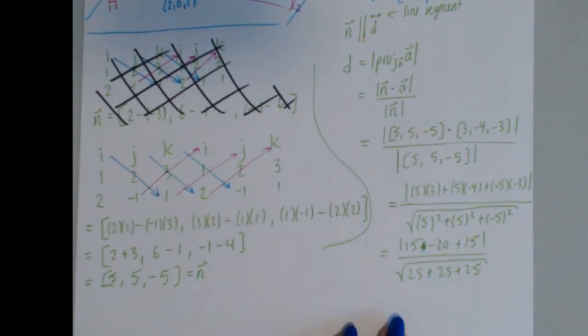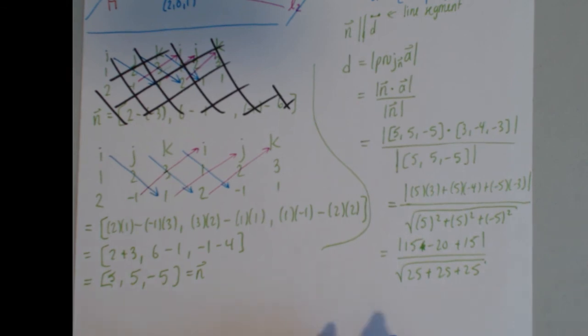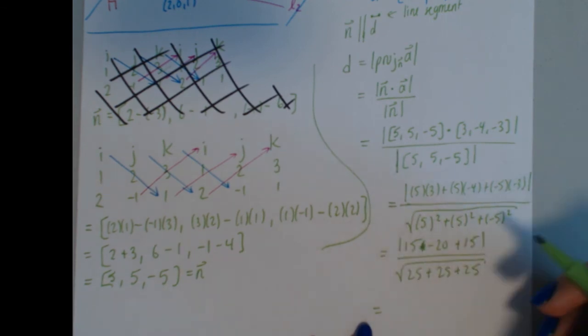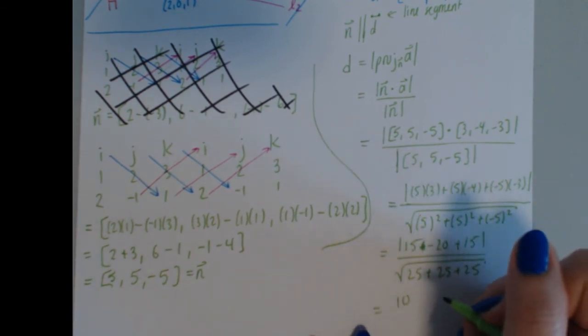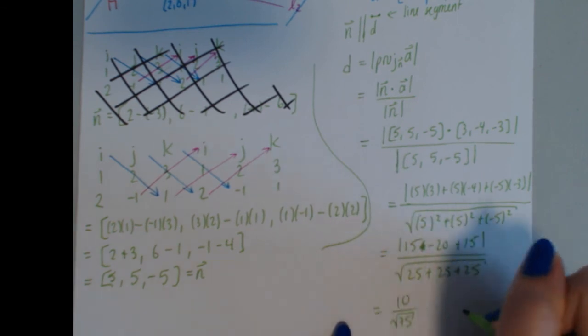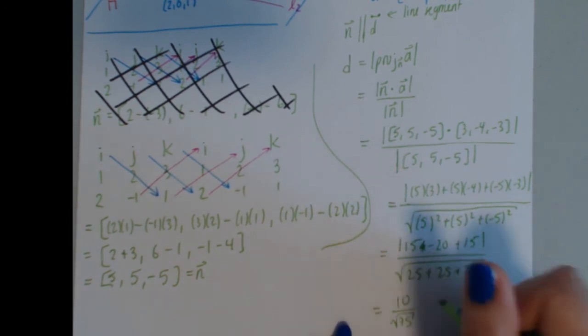Okay, so hopefully you see where this is going. 15 minus 20 plus 15. So 15 and 15 is 30. 30 minus 20 is 10. But absolute value of 10 is just 10 because it's positive already. So that divided by root 75. Okay, so at this point we can punch it in our calculator.